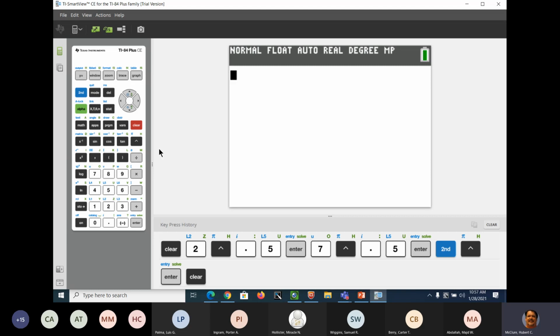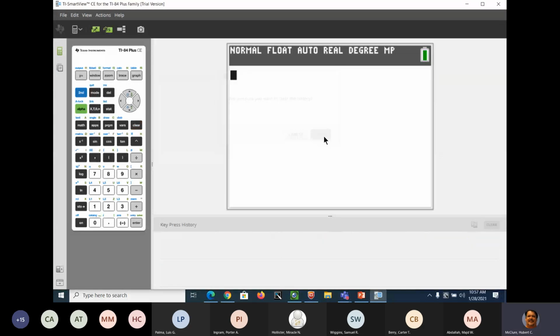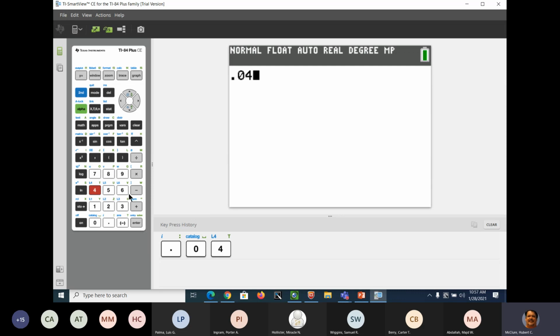What do you do first? Well, you always work your way inside out with parentheses. So 0.04, and y'all all know that 4 cents divided by 4 is 1 cent, but we're going to do it in the calculator just for giggles.